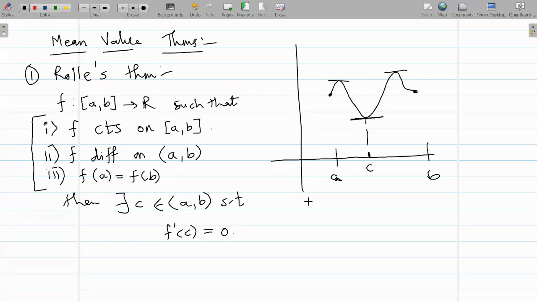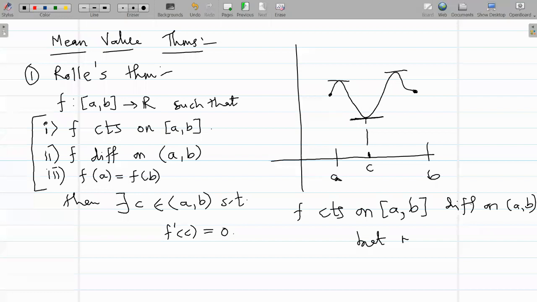My question is, it may happen that I have a function f which is continuous on closed [a, b], differentiable on open (a, b), but not differentiable at a or b.